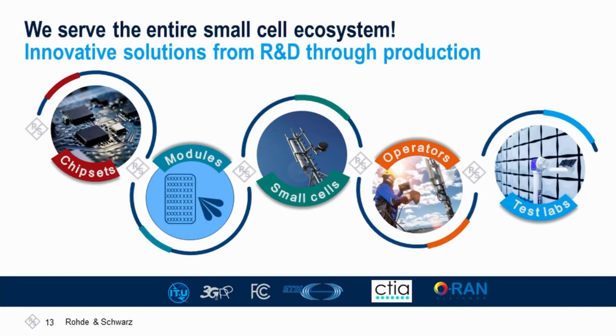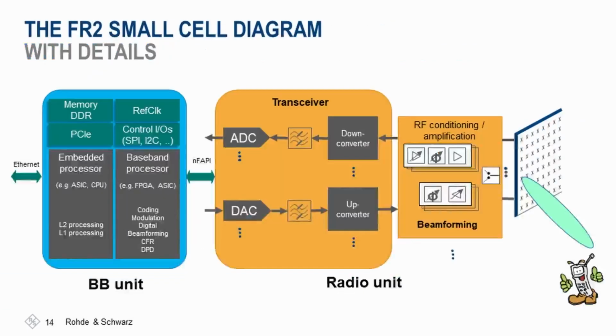So let's have a look at the small cell diagram here. As you can notice, the baseband signal comes from the baseband unit, which hosts the reference clock, digital interfaces, memory, and also hosts functions like coding, modulation, etc. And these baseband signals are further processed in the RFFE, the RF front end, within the radio unit, and the antennas are now tightly integrated with the radio unit, the RFIC on the radio unit, and the communication to the UEs would be through beams now.